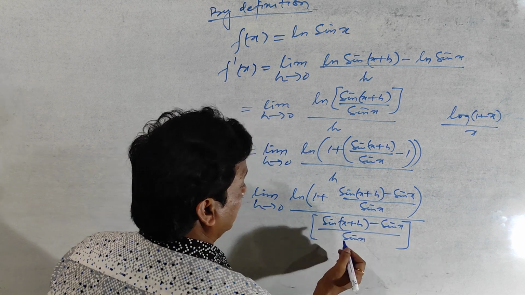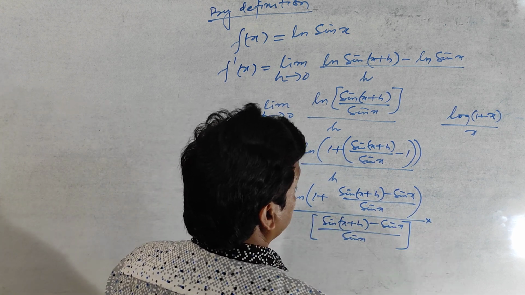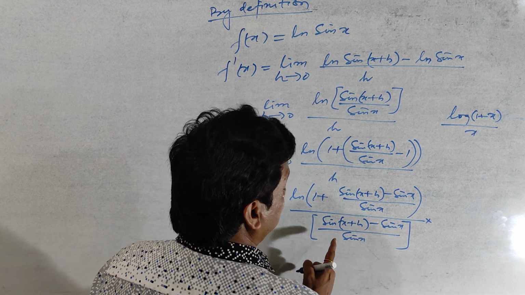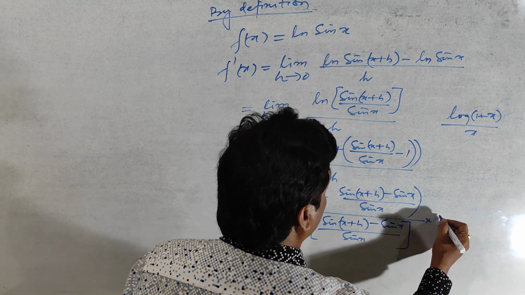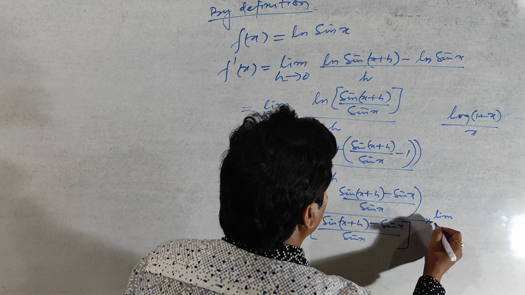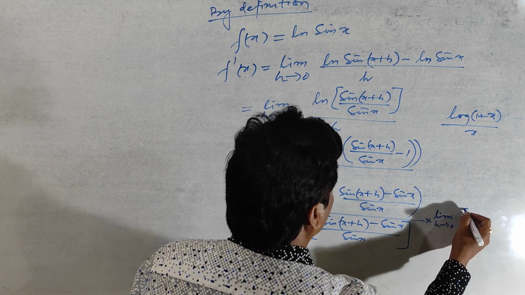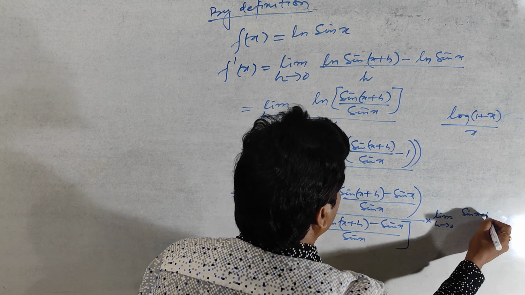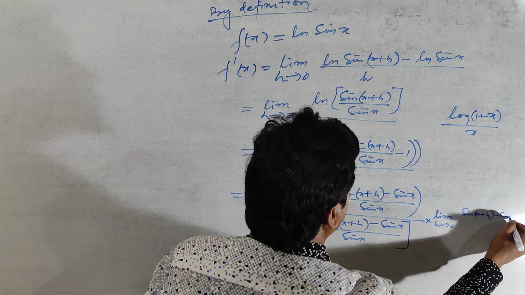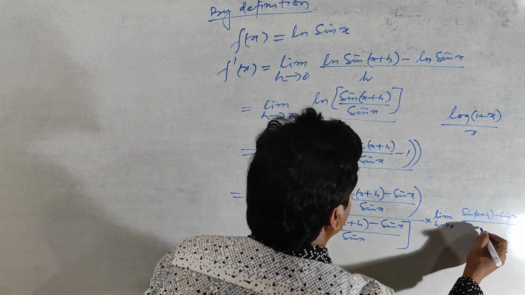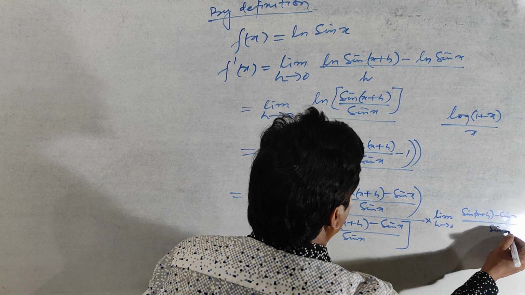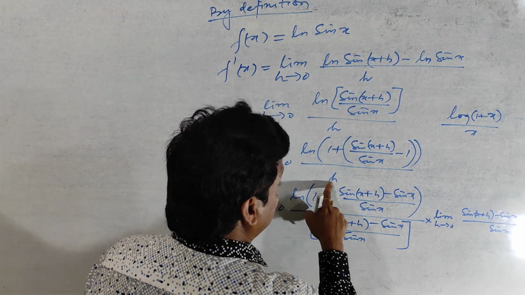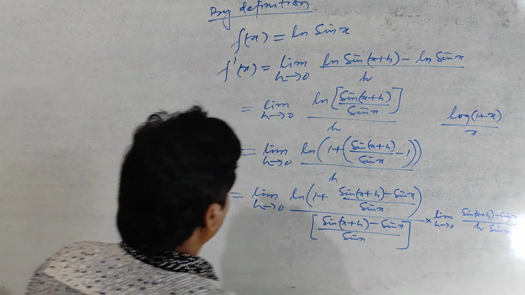It looks very complicated. So you are dividing this one and you should multiply here also. I am writing the limit. Limit h tends to 0, sin x plus h minus sin x divided by sin x. And h was there. So write h here.